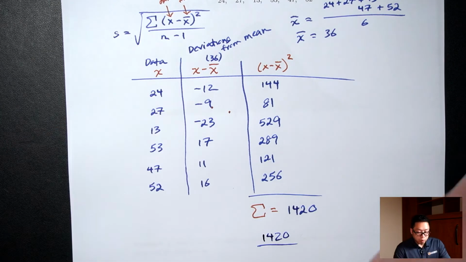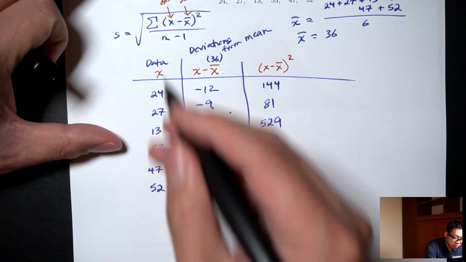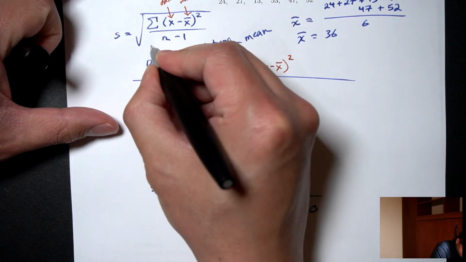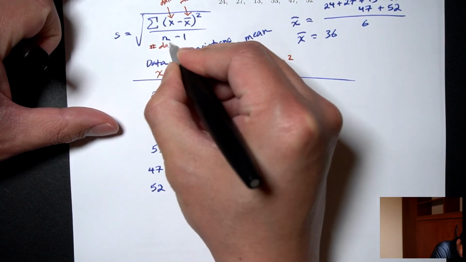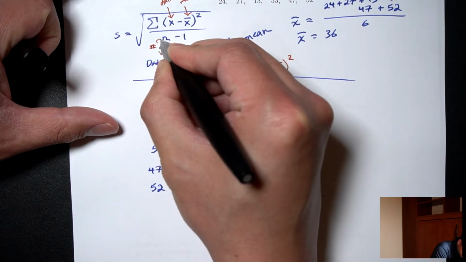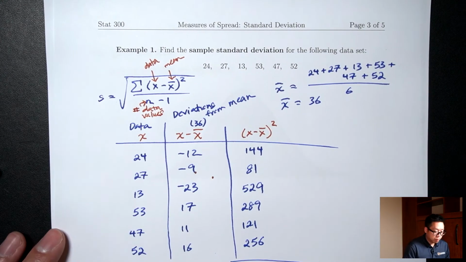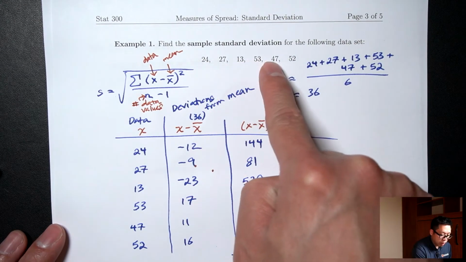What's n? n, remember, was the number of data values. How many data values do we have? 1, 2, 3, 4, 5, 6.